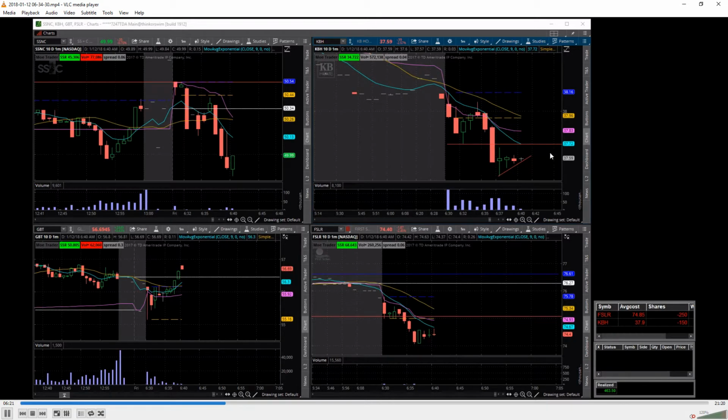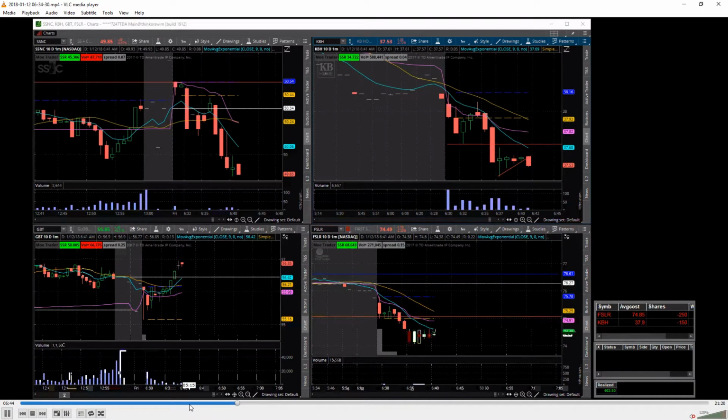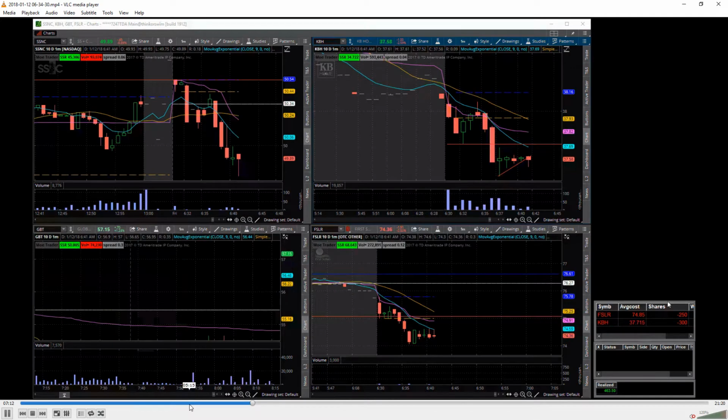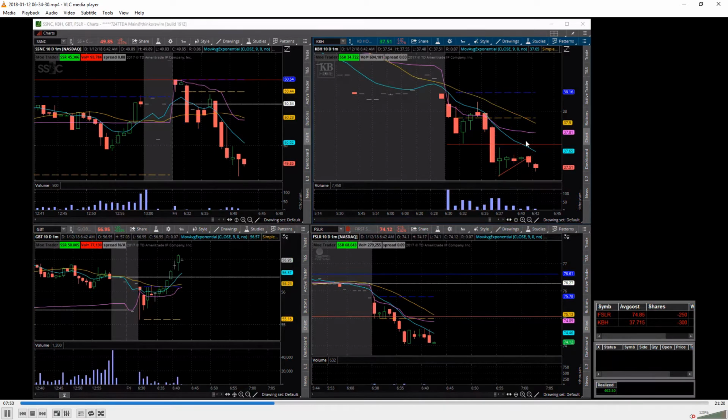You can see KBH is putting in a bear flag right here. You can see at this point I add to my KBH trade right there, and my average becomes 71, so it's right up here. Now FSLR, I tried to add to FSLR, I couldn't get a fill.